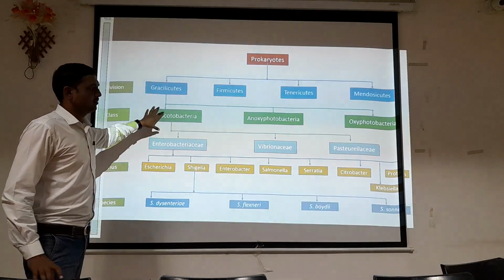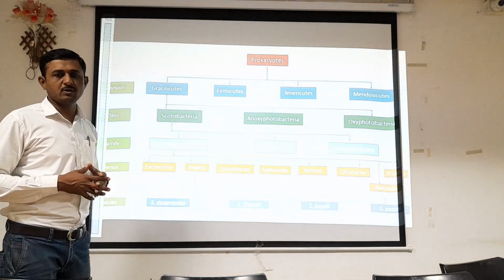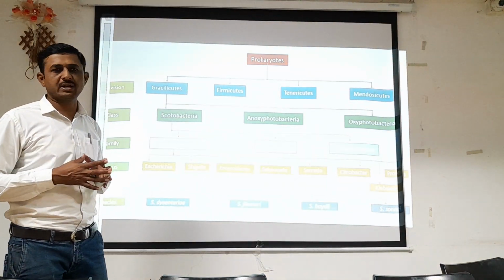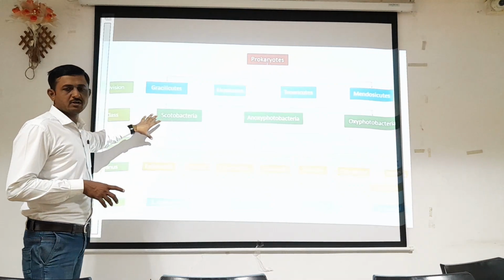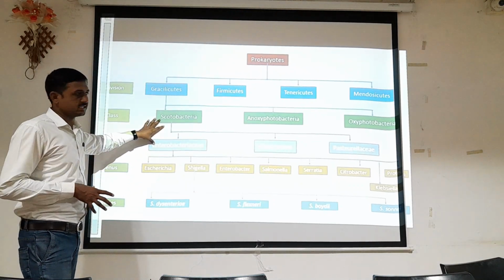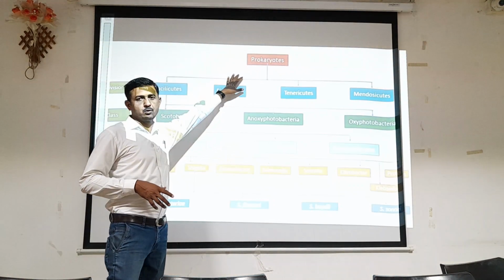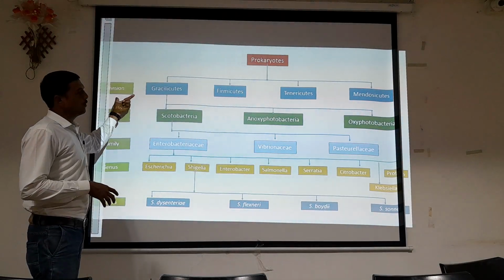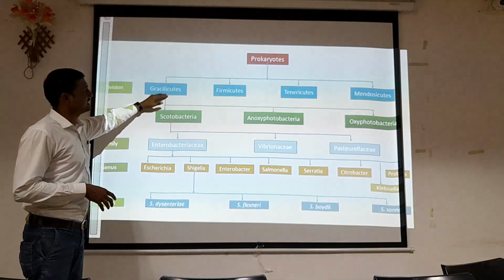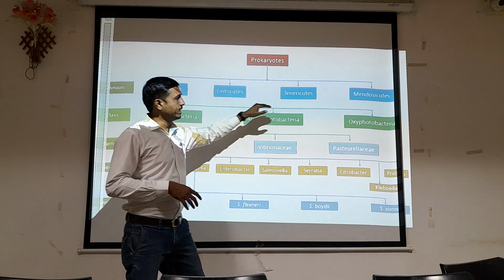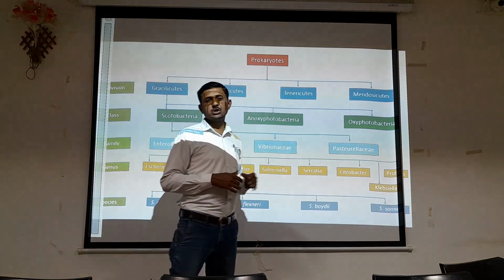Here is a diagrammatic representation of how the prokaryotic organisms are grouped into different divisions and classes. The prokaryotes are grouped into 4 divisions: Gracilicutes, Firmicutes, Tenericutes, and Mendosicutes.